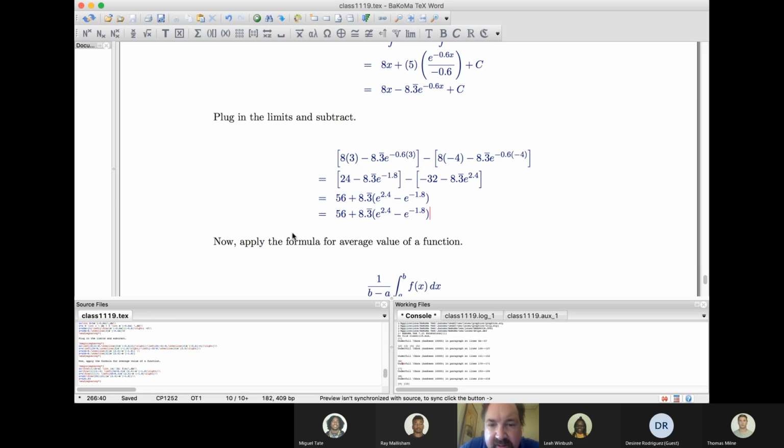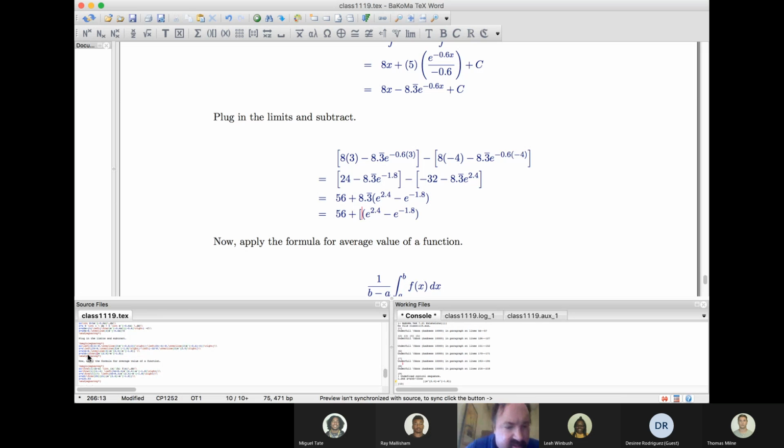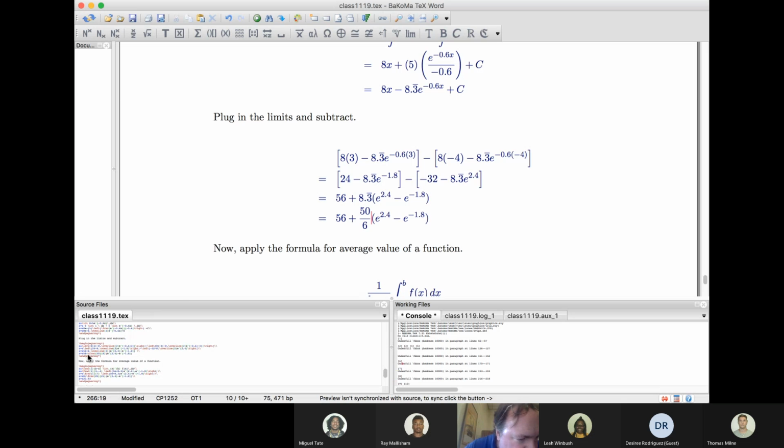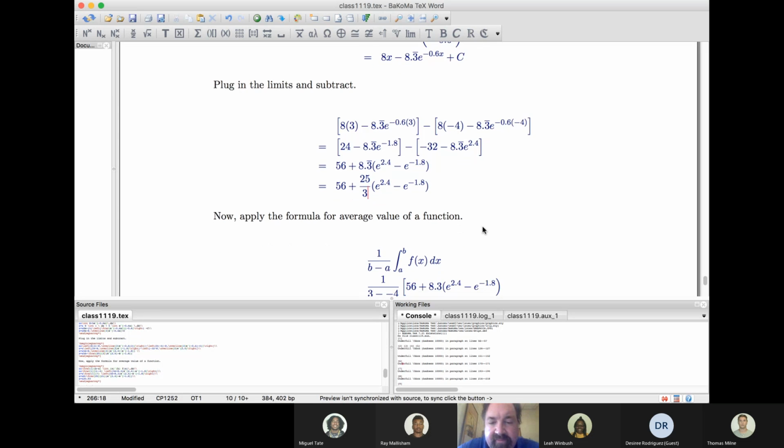So that would be the same as 50 over 6, or I can reduce that to lowest terms, 25 over 3.